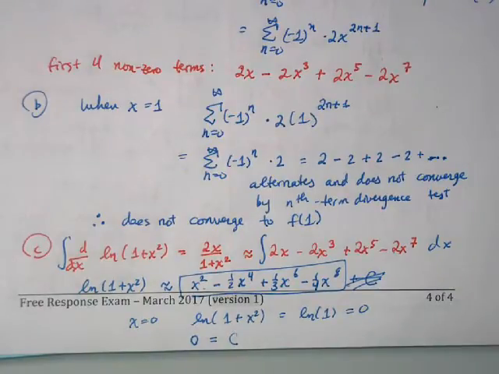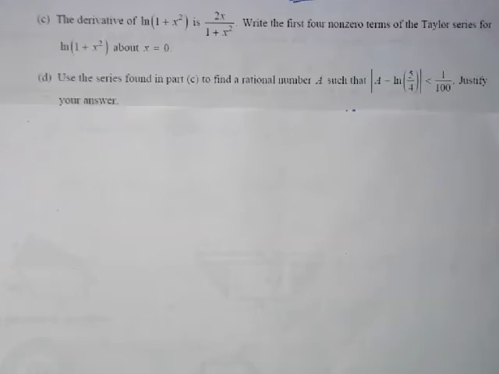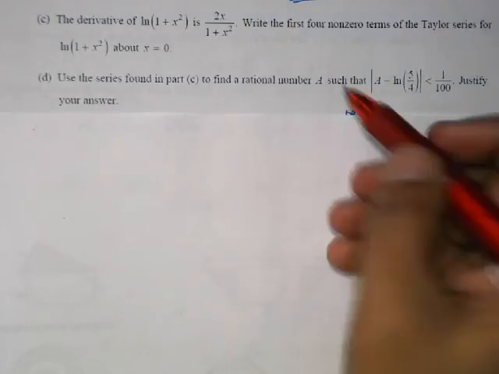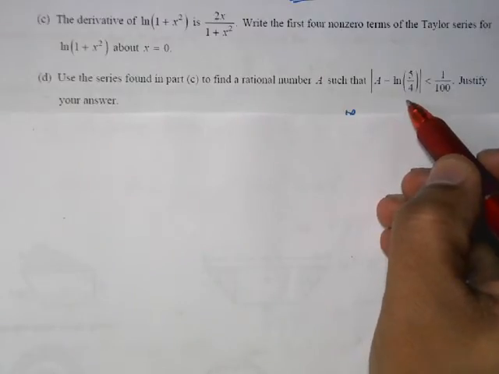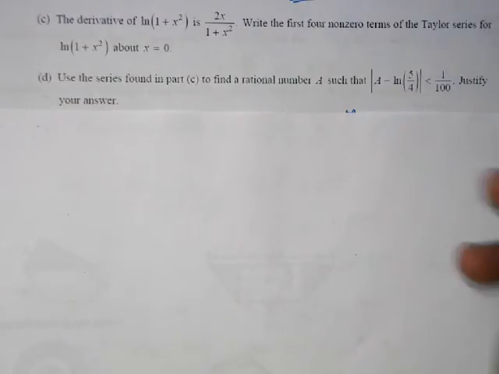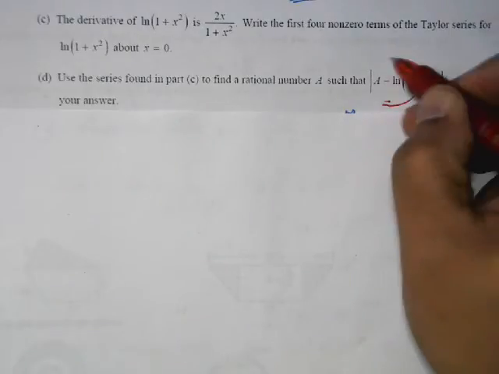Okay. All right, so we got through some of the more difficult stuff, and now we have one more question left that asks us to use this function that we've developed and see if we can get an estimation here. Part D says, use the series found in part C to find a rational A such that A minus the natural log of 5/4 is less than 1/100th.